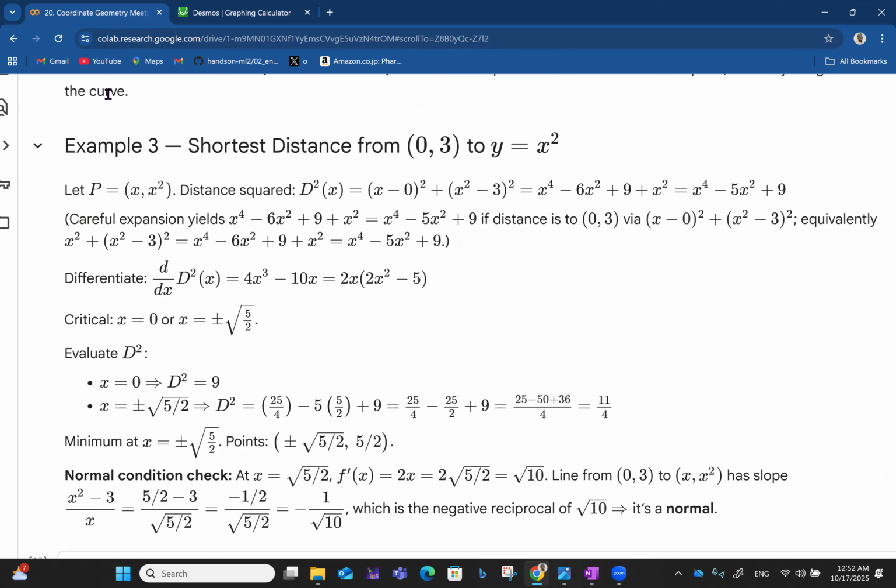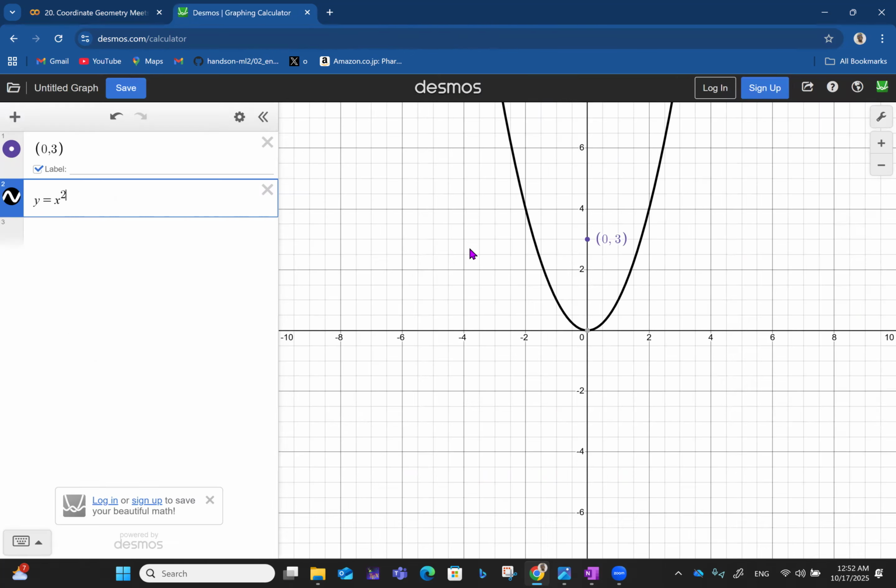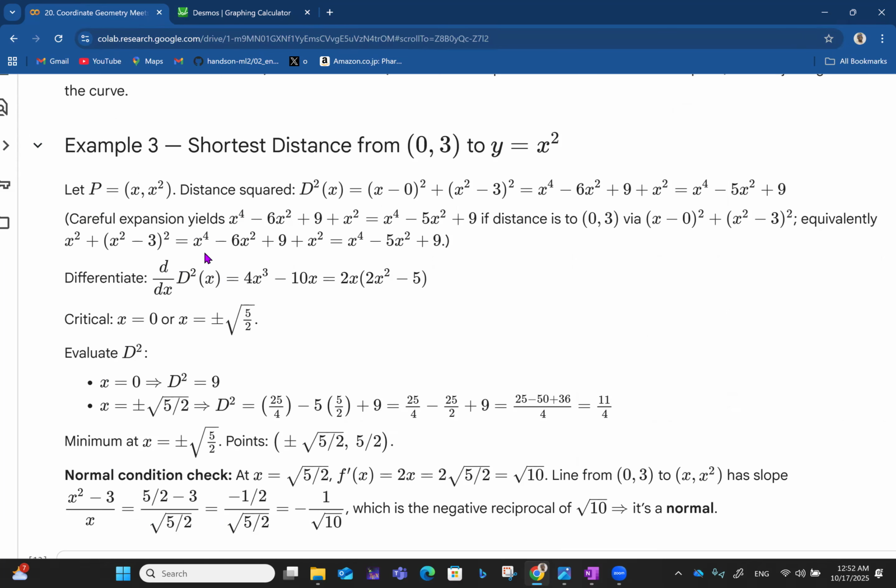So we need a point P, which is x on the x-axis and x squared on this curve. So let P be (x, x squared). The distance squared between (x, x squared) and (0, 3) will simply be (x minus 0) squared plus (x squared minus 3) all squared.